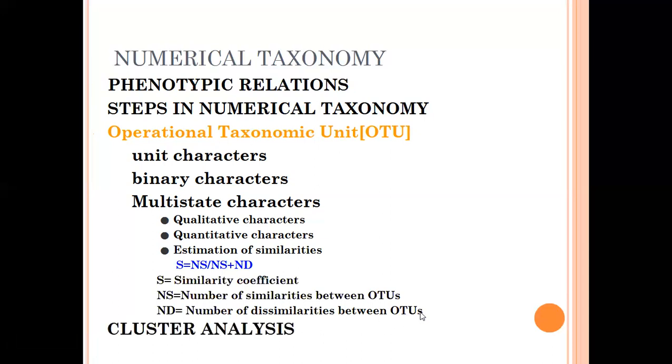And the next one is cluster analysis. Different groups are grouped together on the basis of degrees of similarity. The group of OTUs, operational taxonomic units, is called a cluster.